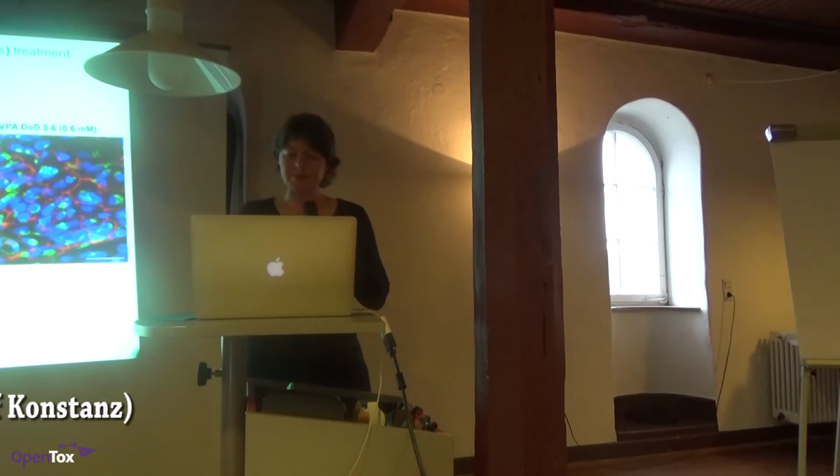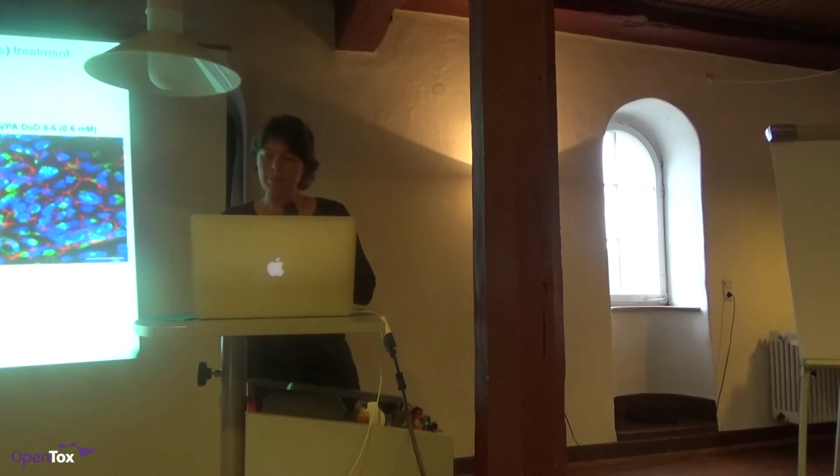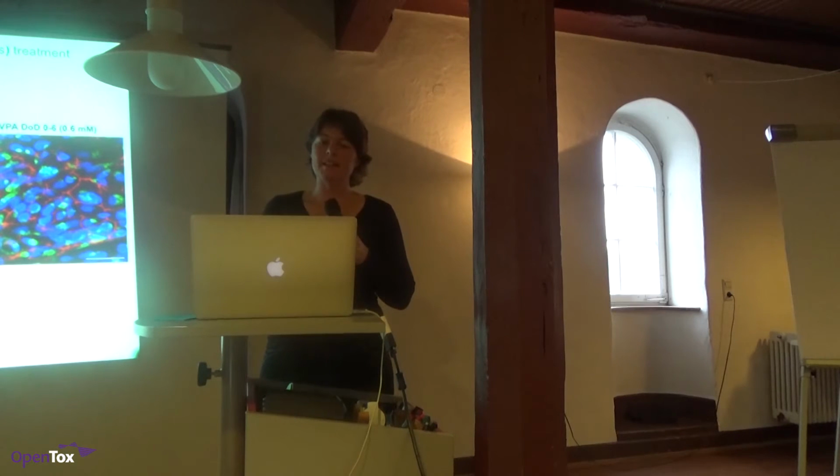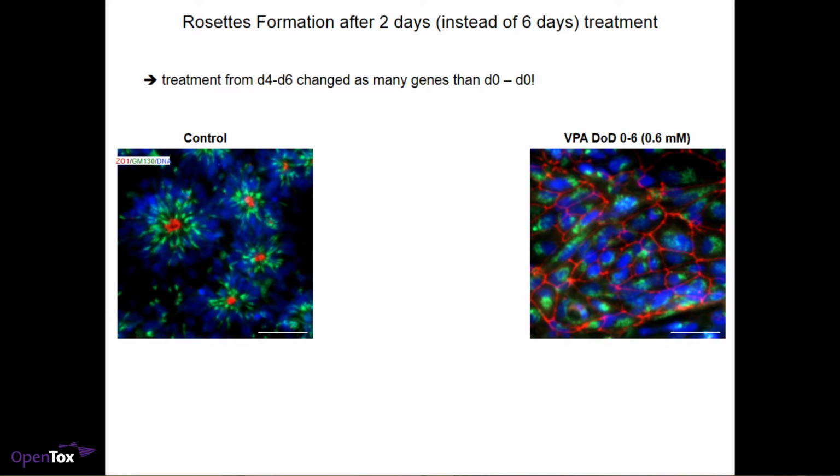And here I want to come back, in the last slide, to our timing problem. Remember that we had this treatment from day 4 to day 6. So this is the control situation, we have the rosettes, and after 6-day treatment we see the epithelial cells, and we ask what happens when we treat from day 4 to day 6.